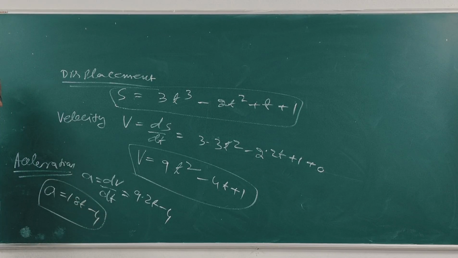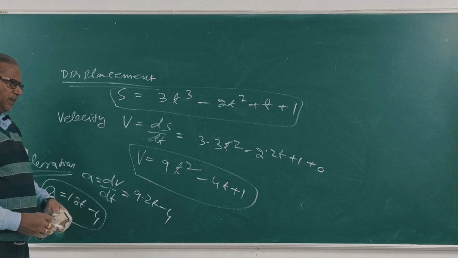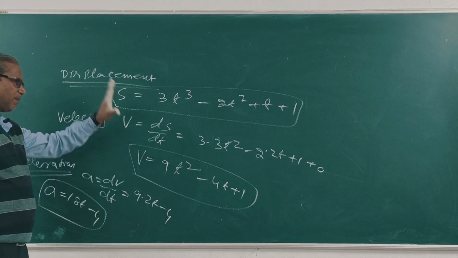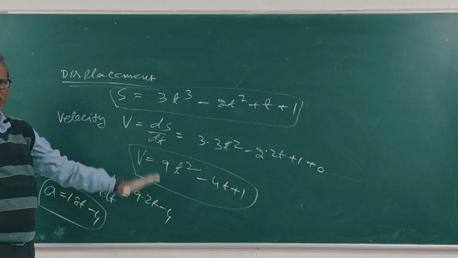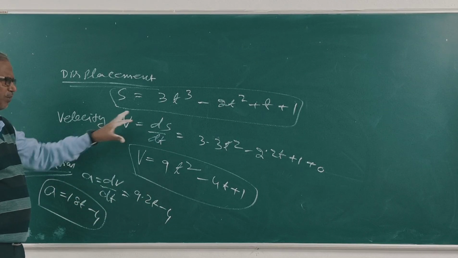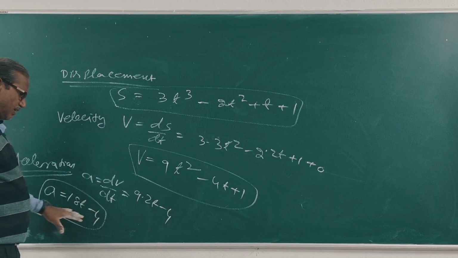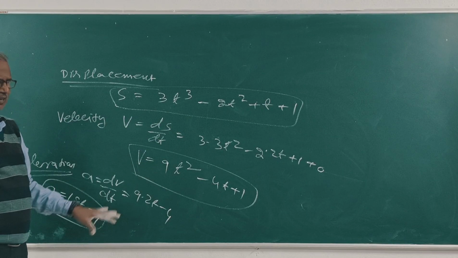This is the equation for acceleration. Right? If he is asking to find its displacement, velocity and acceleration after 10 seconds, then put t equal to 10 here, here and here, and find the answer.